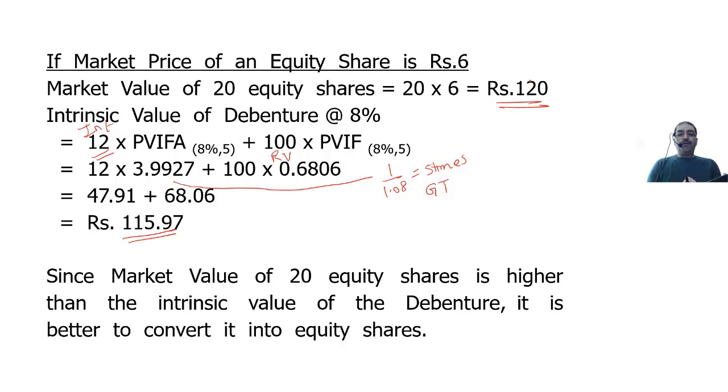More or less the same you get. 47.91. Around 116 you get. Not an issue. Okay. Point is clear.